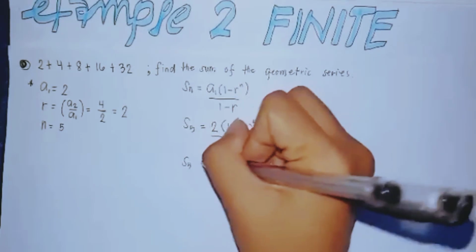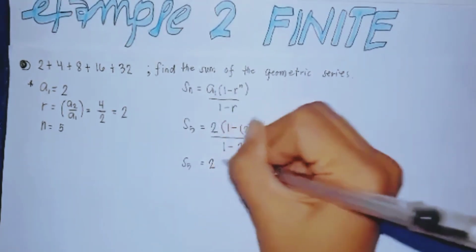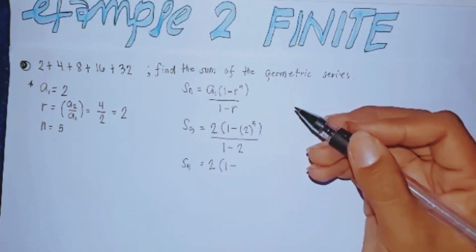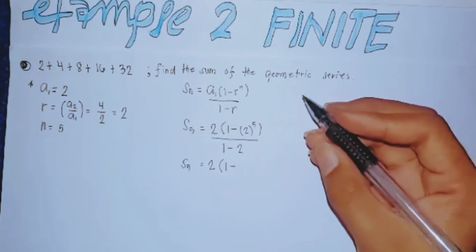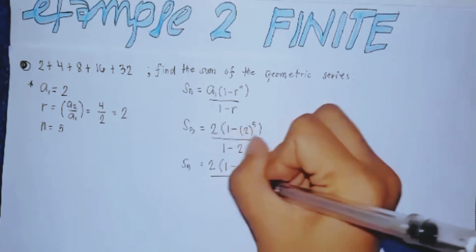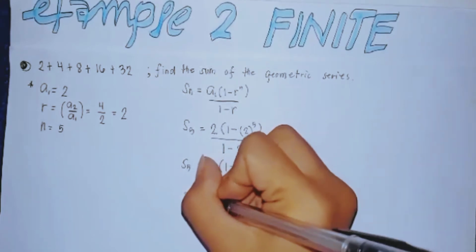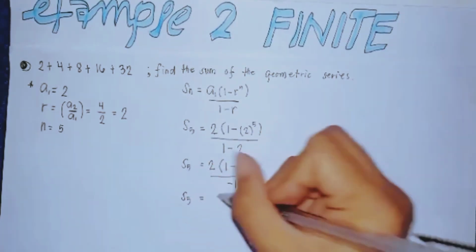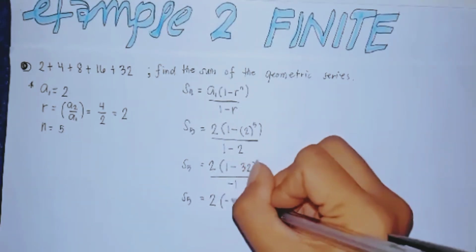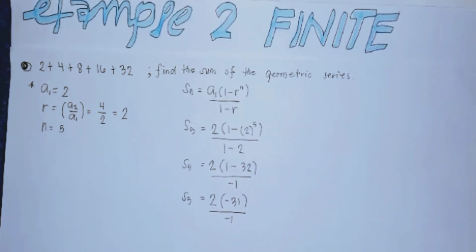Then solve. S sub 5 is equal to 2 multiplied by 1 minus 2 raised to 5 is 32. And then 1 minus 2 is negative 1. So S5 is equal to 2 multiplied by 1 minus 32 is negative 31 all over negative 1.